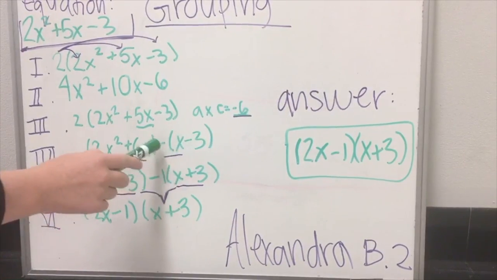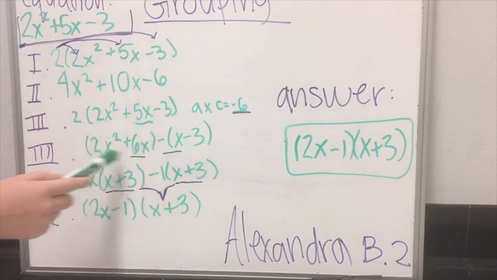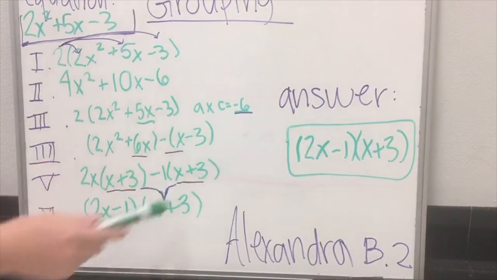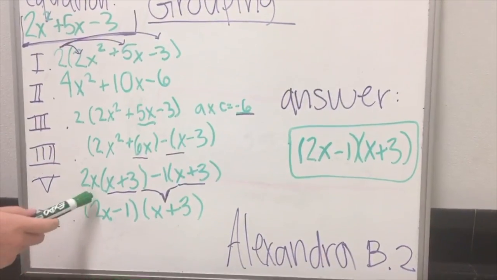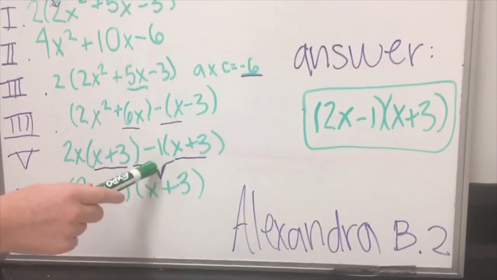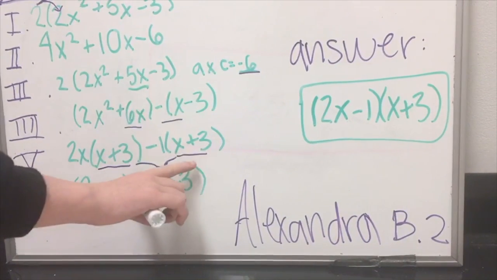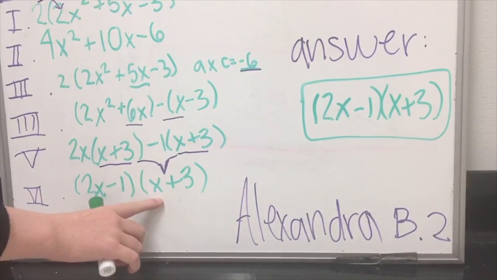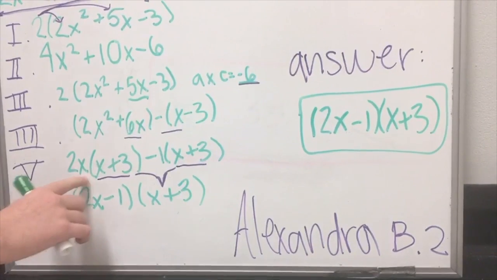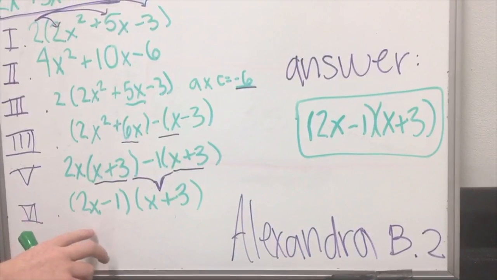And once you substitute those two for 5x in the equation, and then you put parentheses and make two separate terms, then you find the GCF of each separate term, which in this case is 2x, and this one is negative 1. Then, since these two terms are the same, you take one of them and put it in your answer, and then you take both GCFs from each of these terms and make it one parenthesis, and that's your answer.